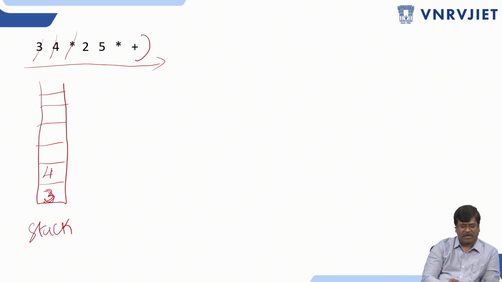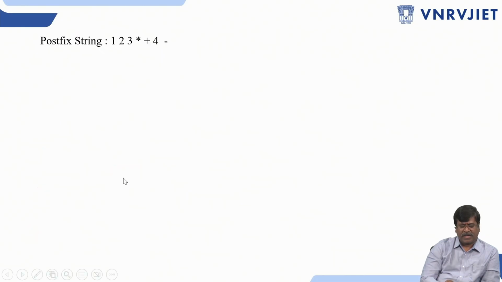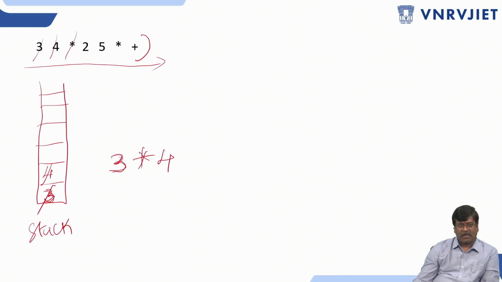First pop out the first value, that is 4, then your operator star, then pop out the next value from the stack, that is 3. So 3 into 4. What is the result here? 12. Now you send this result back to the stack, 12.